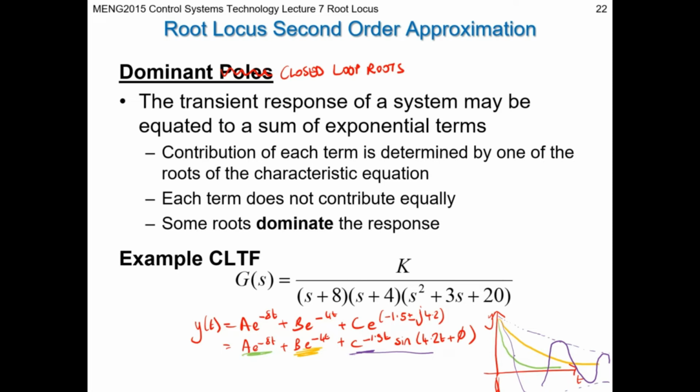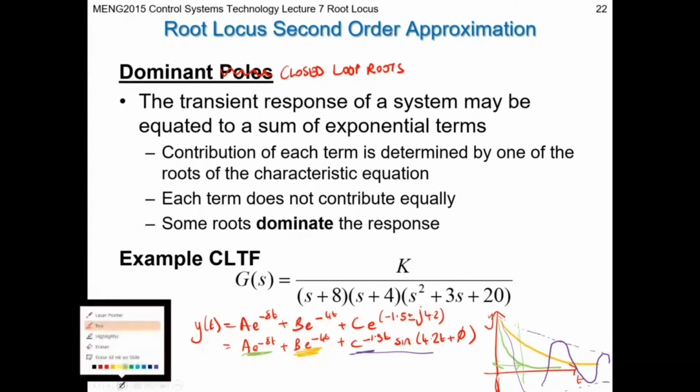So in the overall response, when you add up the different elements, green, orange, purple, they're added up, right? And the green one is going to have obviously an effect in this first little section. Let's say between about here and here, it's going to have some effect, but after that it has no effect. It basically is eliminated.